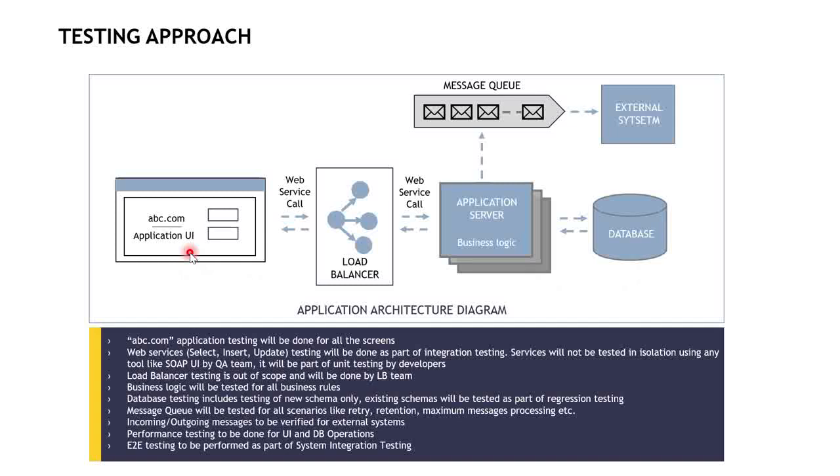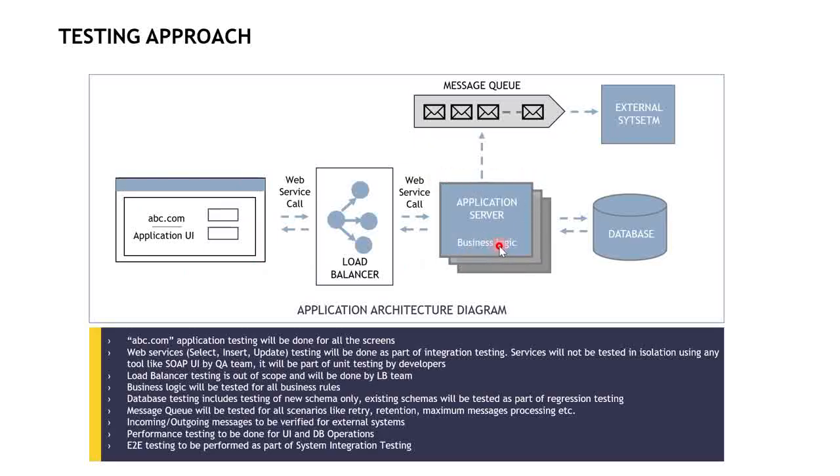For this video, I have created a sample diagram here, so that you can correlate with the project or the program in your project. There will be an architecture diagram. You can try to correlate with it. If you see, there is a .com website, there is a UI, and then there is an application server.